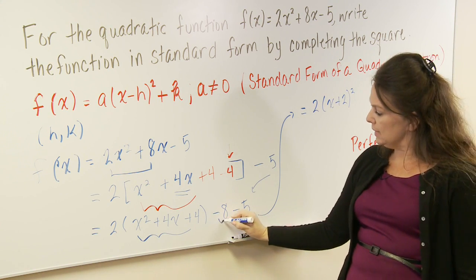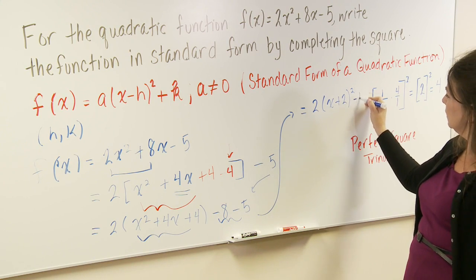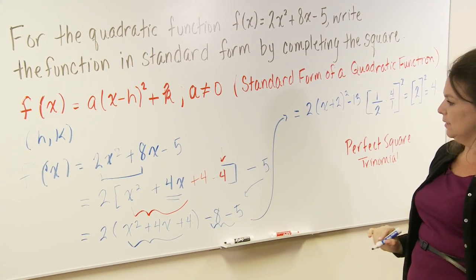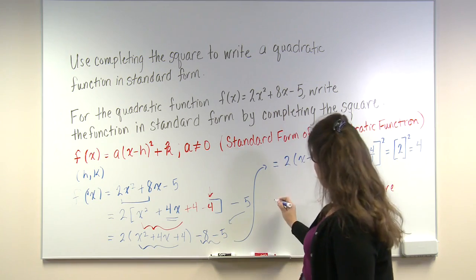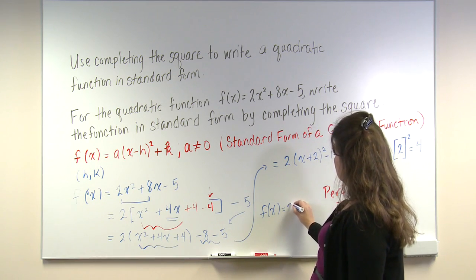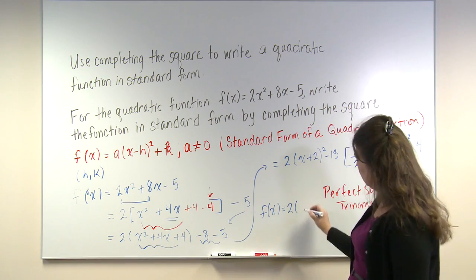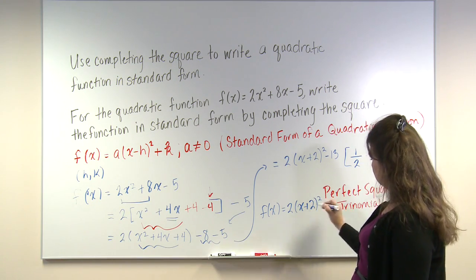Then I'll combine these like terms outside the parentheses, minus 13. The quadratic function in standard form is 2 times the quantity x plus 2 squared minus 13.